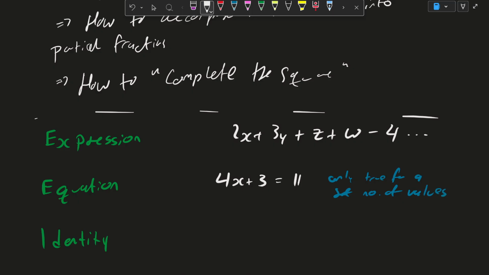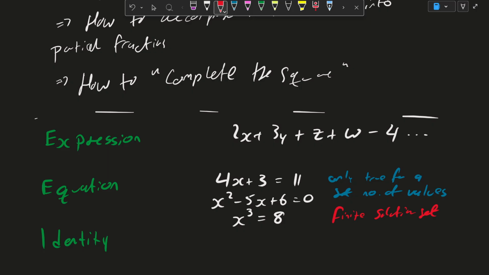Whether that be a linear equation, a quadratic equation, or even a cubic equation, they all have a finite number of solutions, a finite solution set.